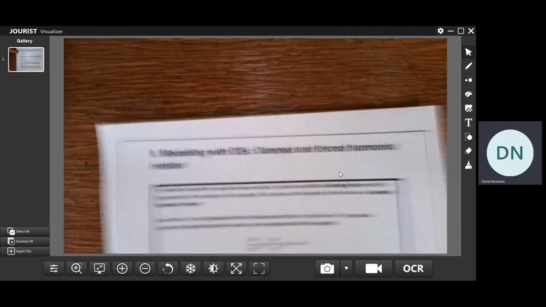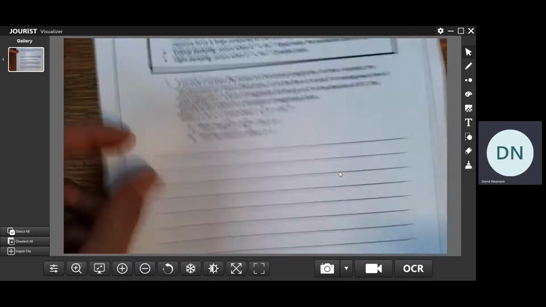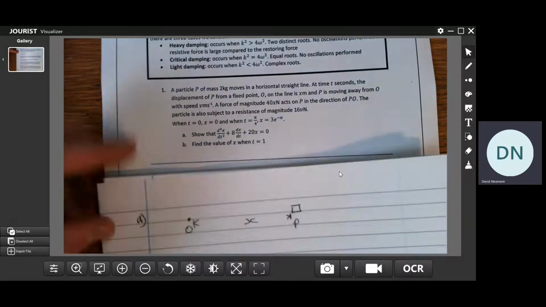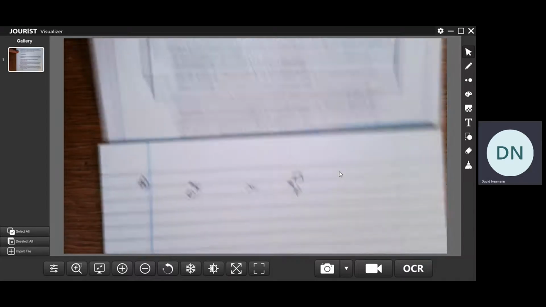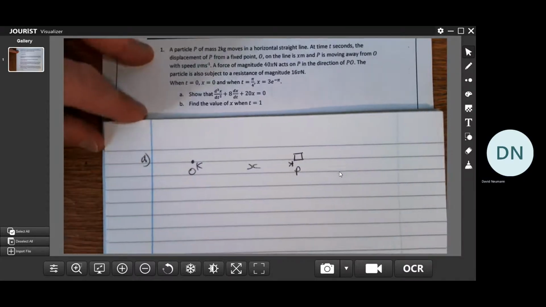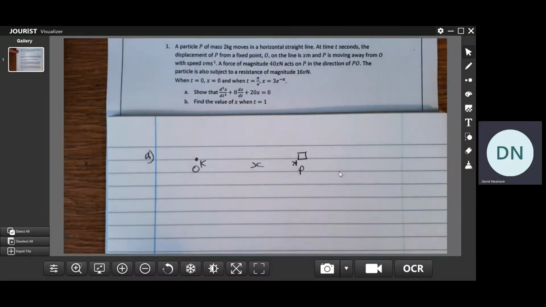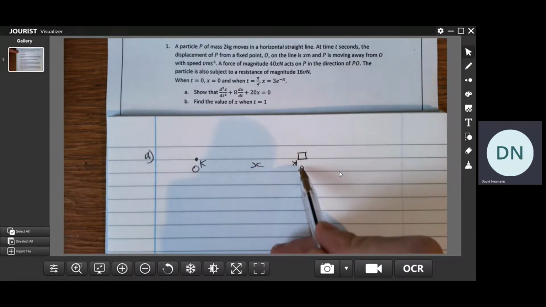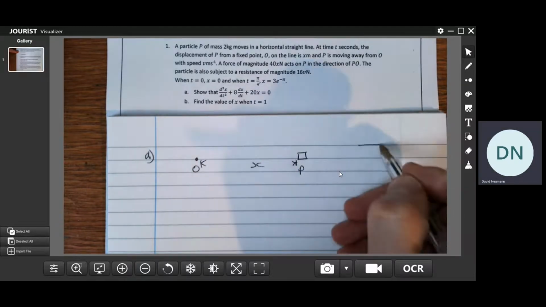So I have sketched out a diagram of this. Let's just get that in a place that we can see it. So here's my point O. I've shown the distance x here, and here's my particle P. We're going to take this direction as positive.